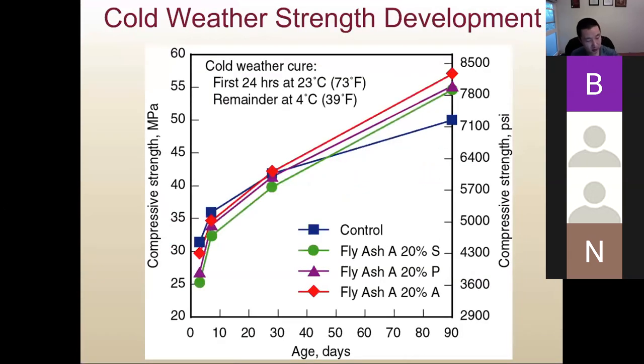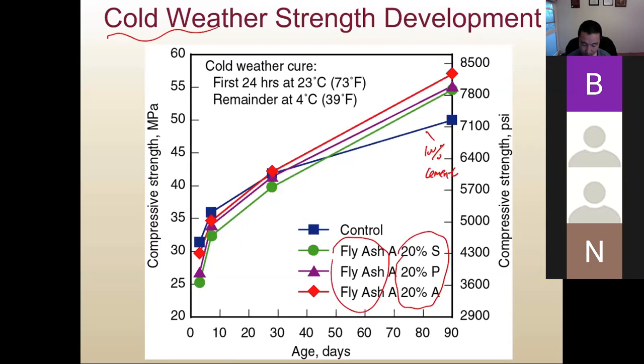And here shows the strength development of concrete under cold weather. We have a control, which is 100% cement, with the other three having around 20% fly ash.